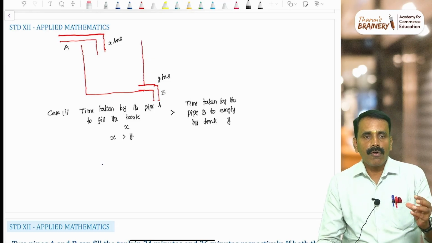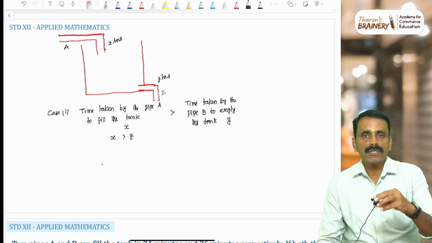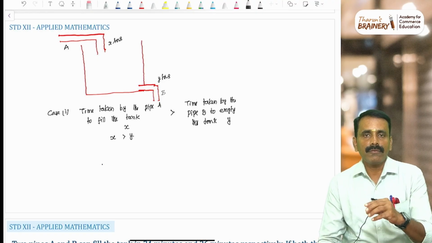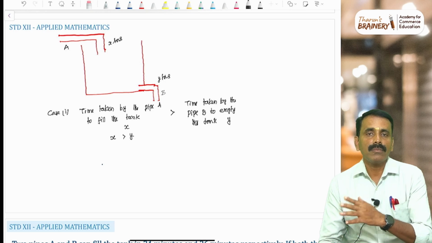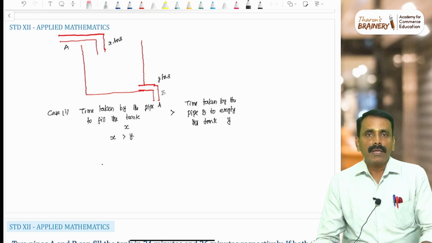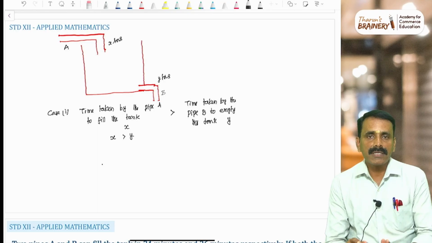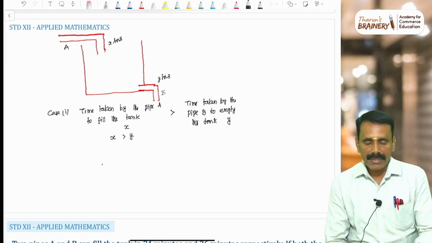The rate of flow of water inside the tank is slow, and the rate of removing the water from the tank is more, because the pipe B empties the tank faster than the tank is filled.